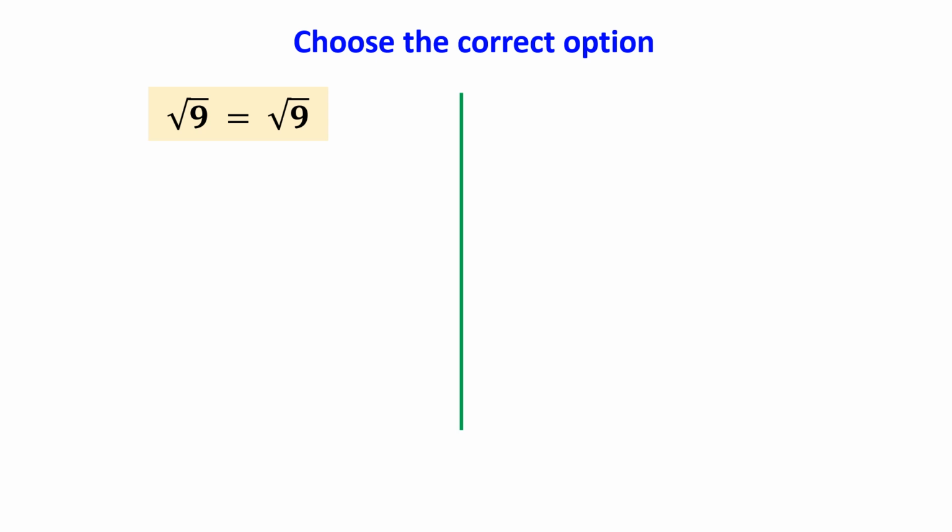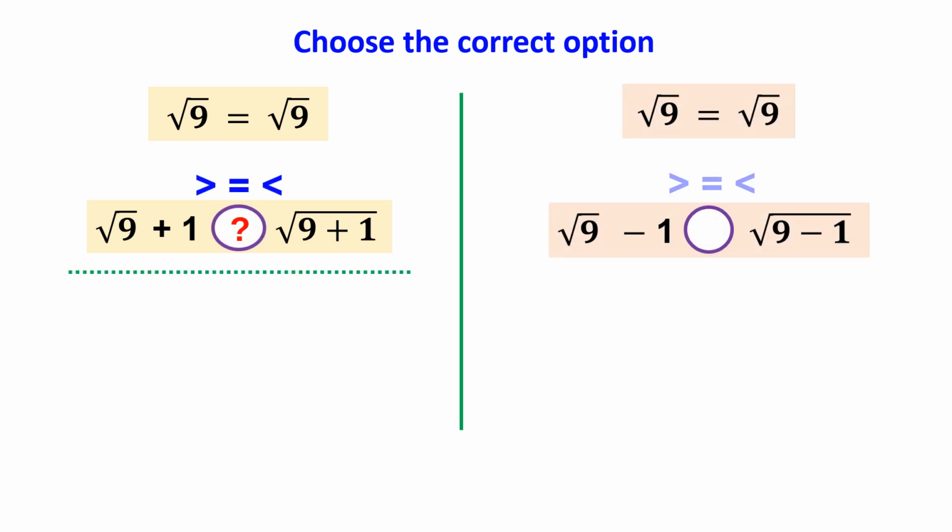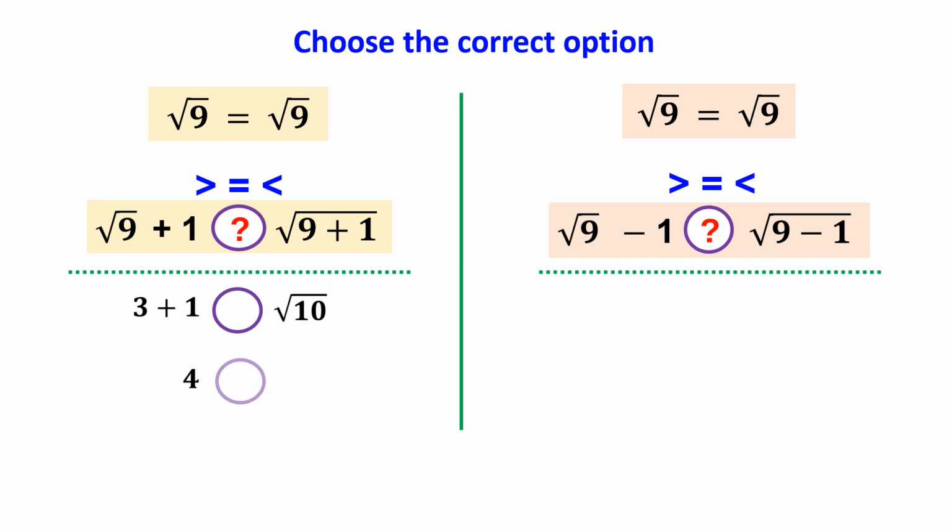The square root of 9 has been modified by adding and subtracting 1 in different ways. The square root of 9 is 3, plus 1 equals 4, while the square root of 9 plus 1, that is the square root of 10, equals almost 3.